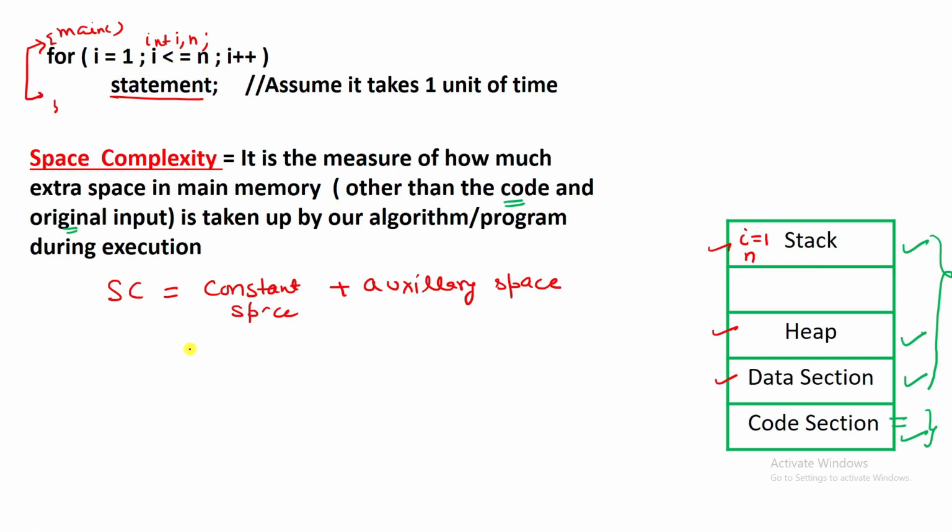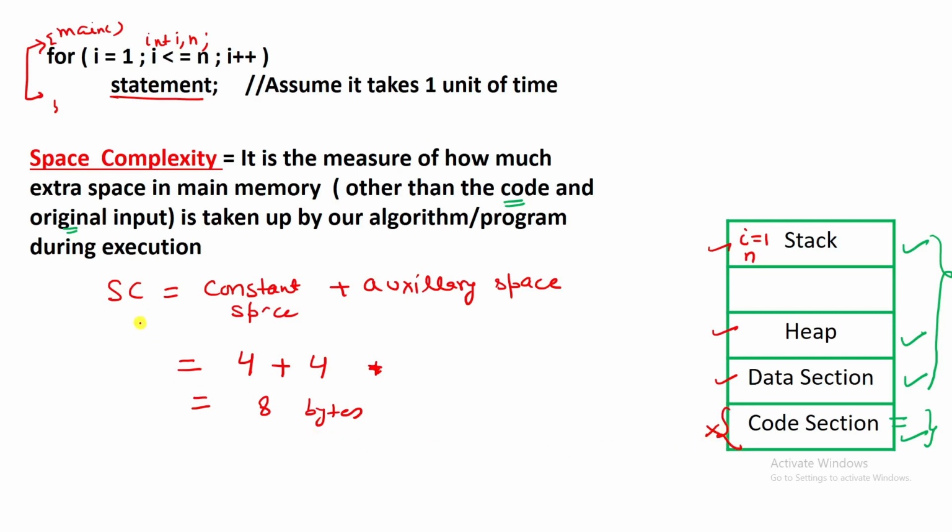So what will be the space complexity? Let's assume that this i and n are integer type variables. How much space will be taken by them? i will take 4 bytes, and n will again take 4 bytes. Is there any other extra space? There is no other extra space, so we will not add anything. The total 4 plus 4, 8 bytes of space are being taken up by this code other than the code section, which is not counted in the space complexity.